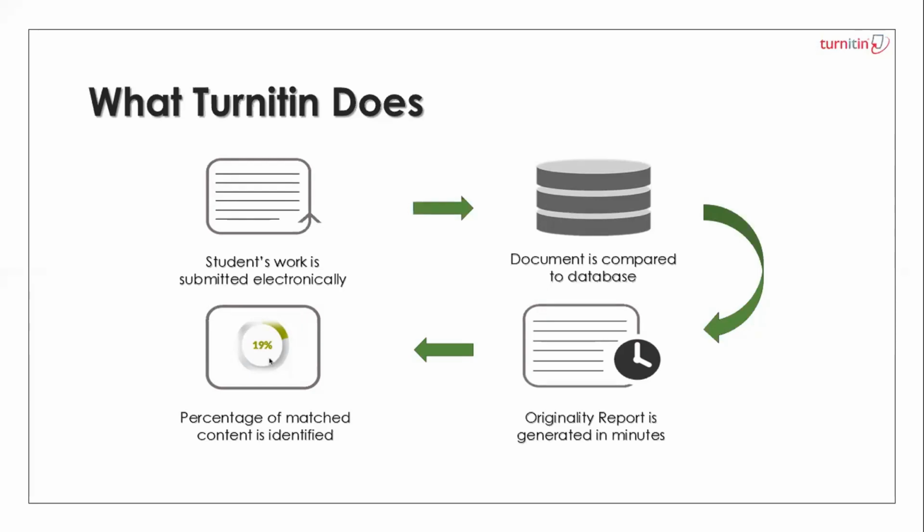After their document is compared with the Turnitin database, depending on the size of the file, in less than 1 minute or a few minutes, you can see the report. The student can see the report as well. For the first 3 submissions under the same assignment, the report is generated very fast. Turnitin gives priority to the first 3 submissions, and for the 4th submission onwards, the student needs to wait a few hours or up to 24 hours.